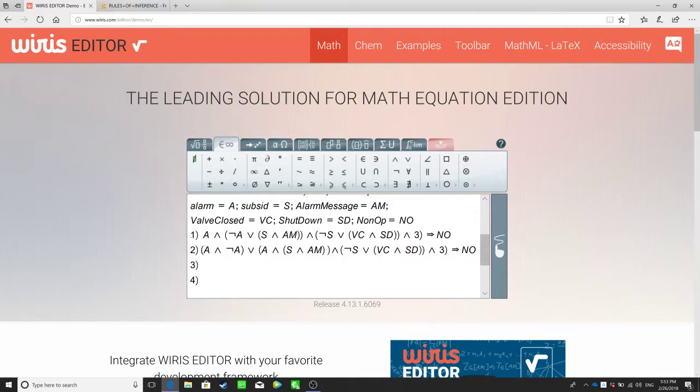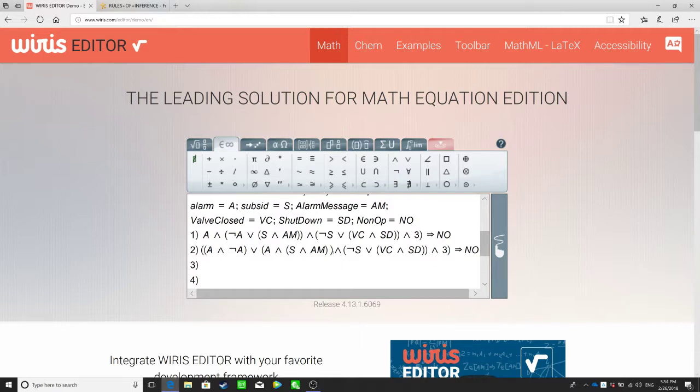So we have a group here, from here to here. This highlighted part comes from A and negation A or S and A. Because they are an integrated part, if we decompose them, we still need this group to make sure this part is calculated before this and. Yeah, sorry about that.